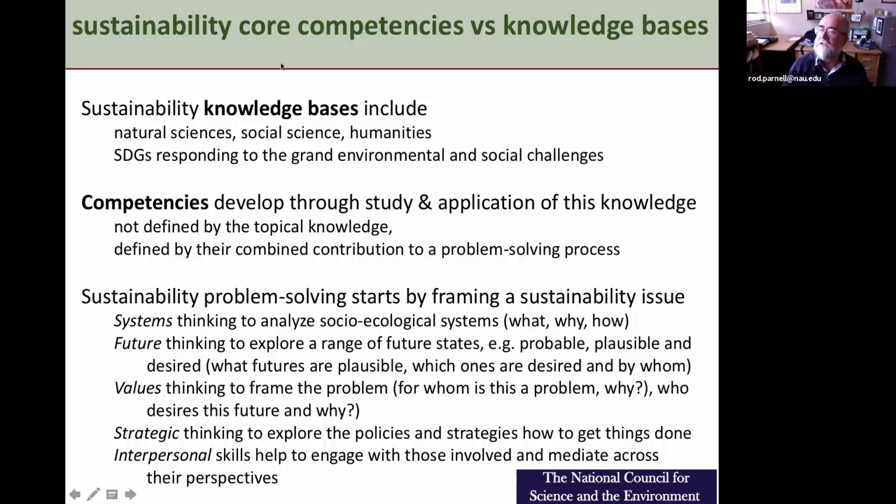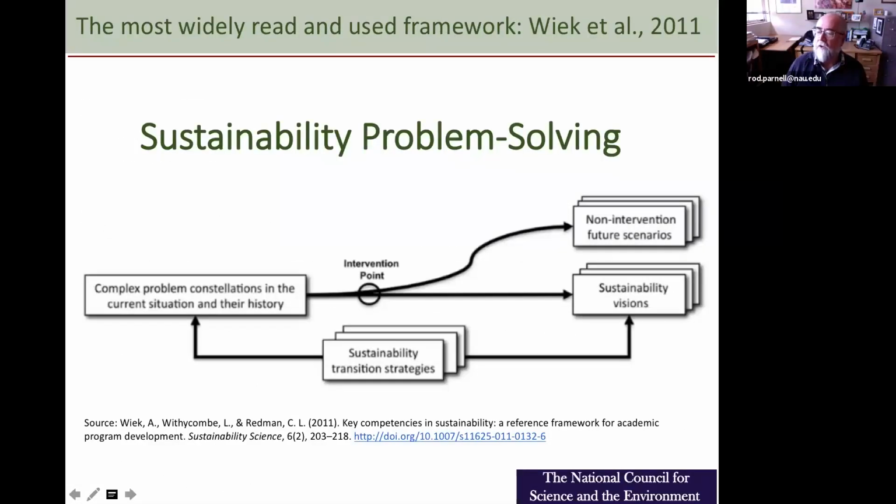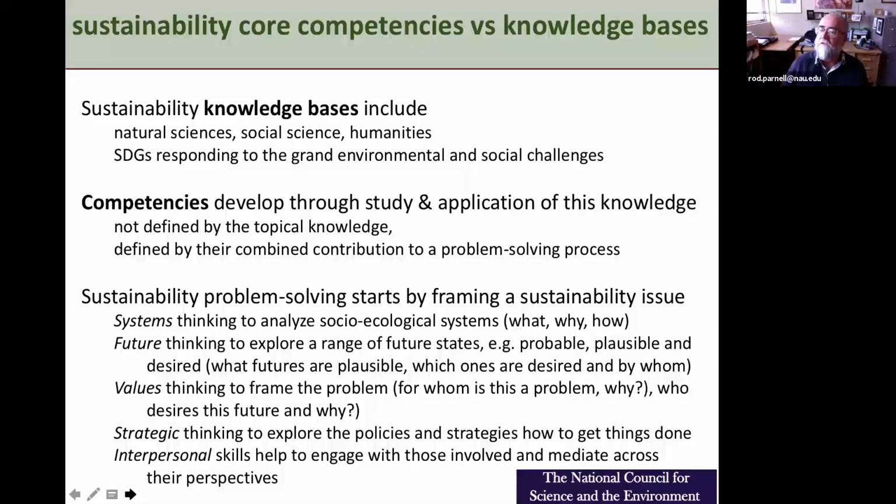That knowledge base itself then, whether it's in the natural sciences, social sciences, or humanities, is part of the foundation we would be using to develop these competencies. So as we start thinking about these competencies, we want to start thinking about the different ways that we identify these challenges and then plan to engage with, meet, address these challenges.